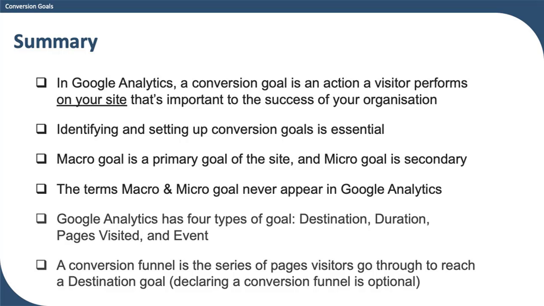The terms macro and micro goal never appear within Google Analytics, but they are useful for planning and reporting. There are 4 different types of conversion goal that can be set up in Google Analytics. They are destination, duration, pages per session, and events. And a conversion funnel is the series of pages visitors go through to reach a destination goal.